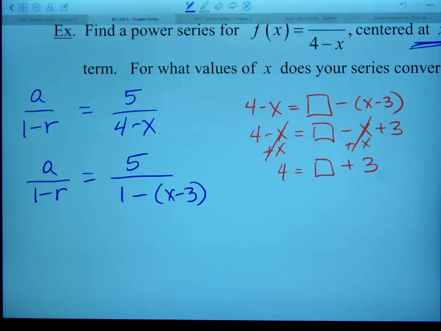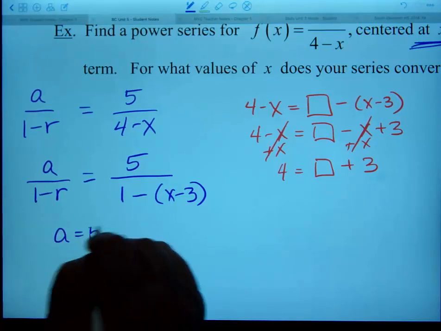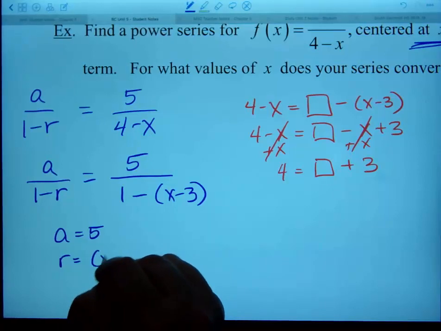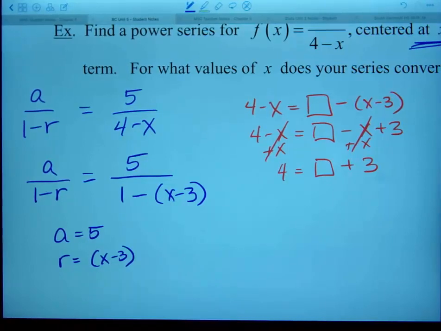Okay. Now that I've written it this way, am I ready to go? Can I write down what A and R are going to be? What is A? 5. What is R? So, x minus 3, not negative x minus 3. Correct, because the formula says 1 minus R. So 1 minus the parentheses.